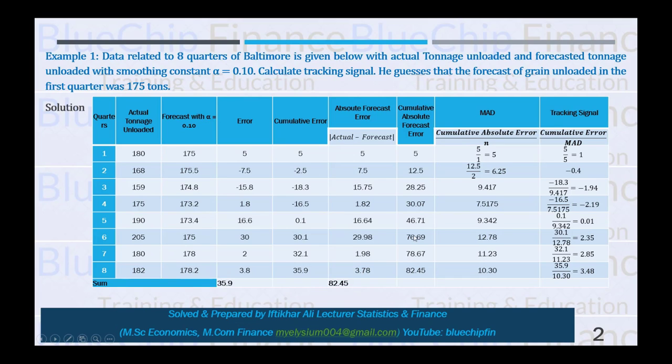Now your next step is to calculate the individual level mean absolute deviation, which equals cumulative absolute error divided by your current time period.